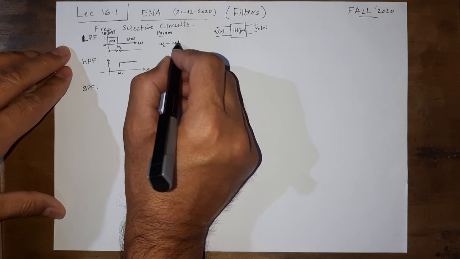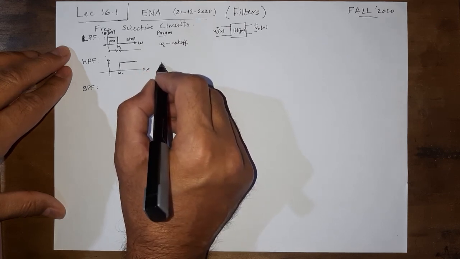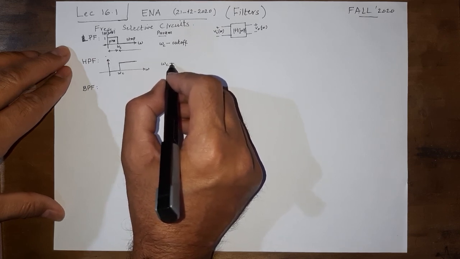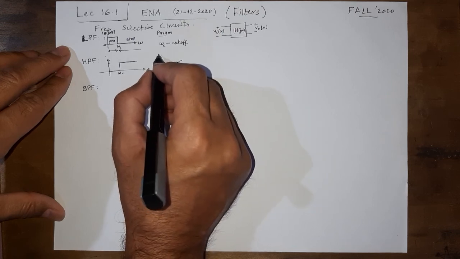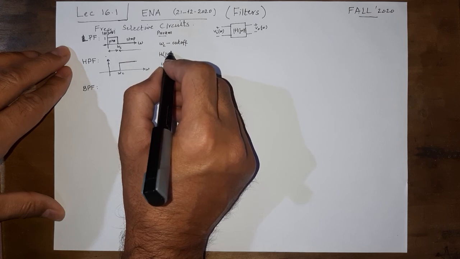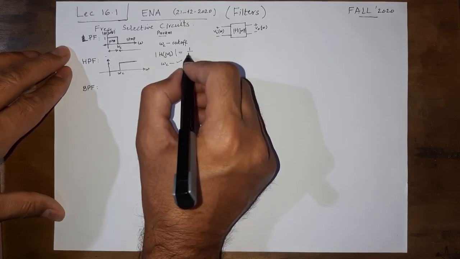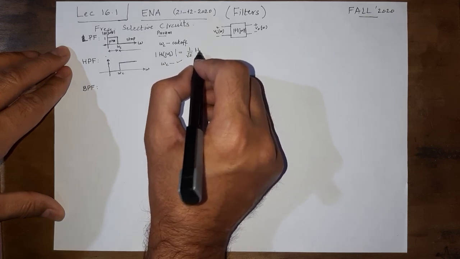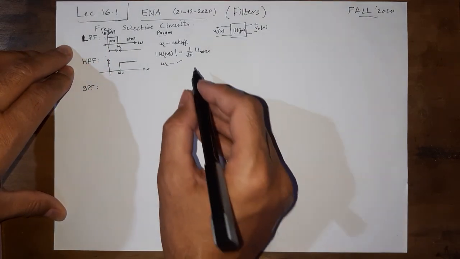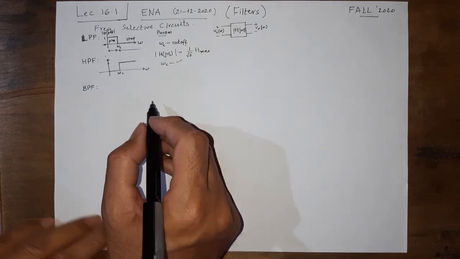Similarly, for the high pass filter, omega c is also an important parameter, and we define omega c as the frequency at which the magnitude response is 1 over root 2 times the maximum value of the magnitude response. Let us call this H max, or H max magnitude.